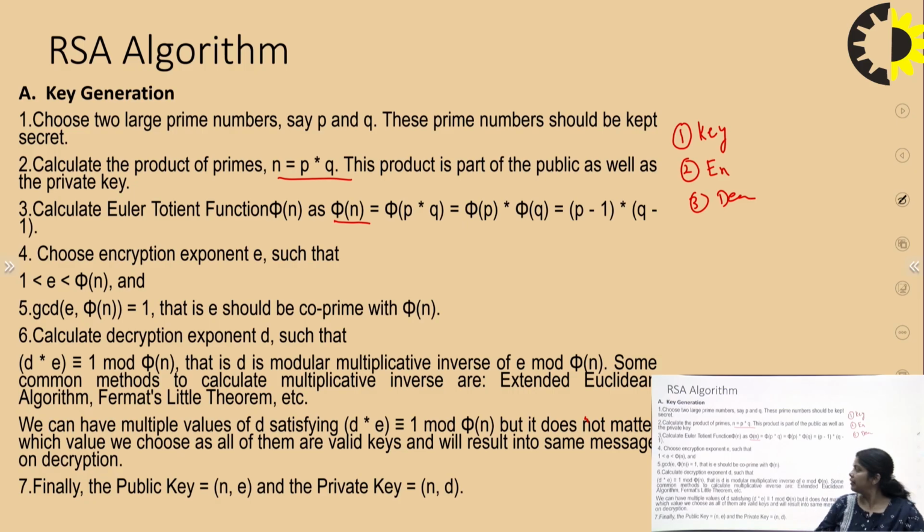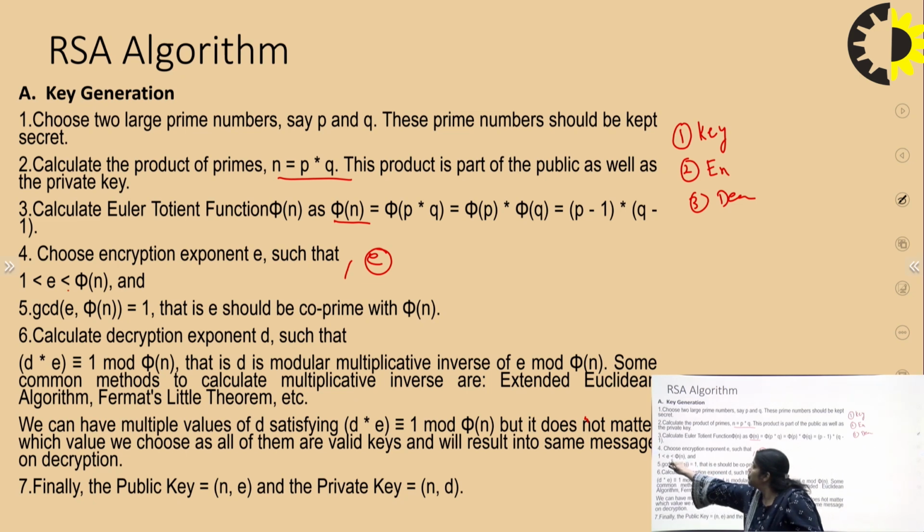Now, the tricky part is that you have to find the encryption key. E is the encryption key and D is the decryption key. The encryption key E lies between 1 and phi n, such that the GCD of E and phi n equals 1.